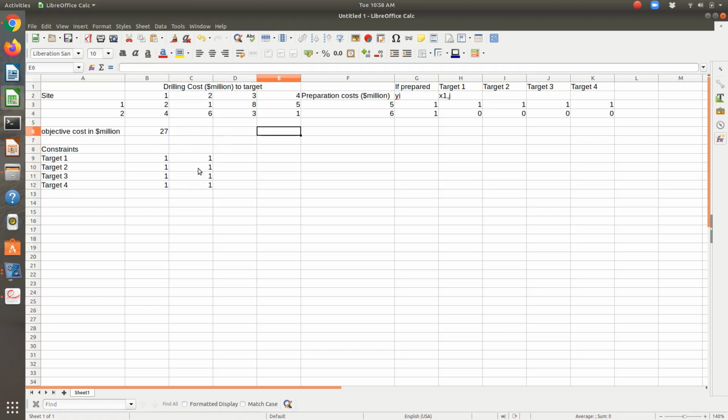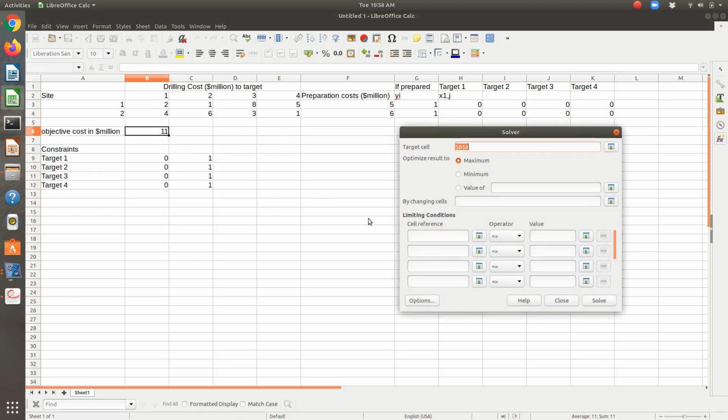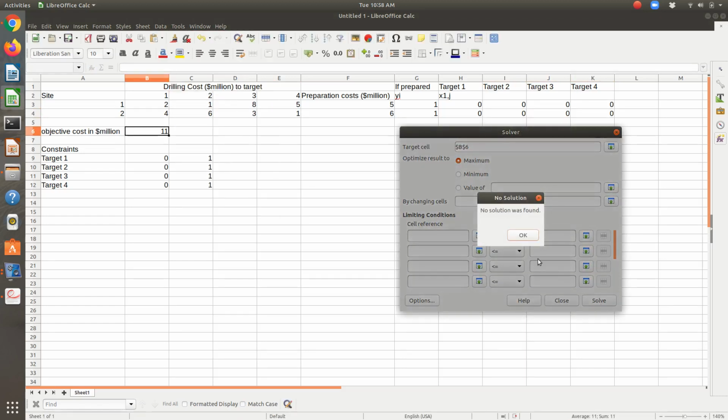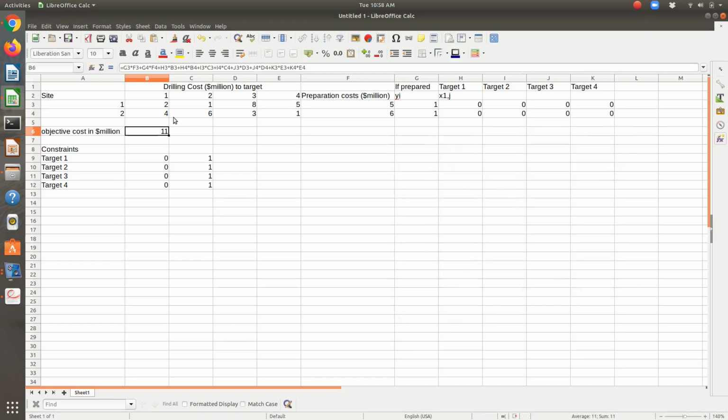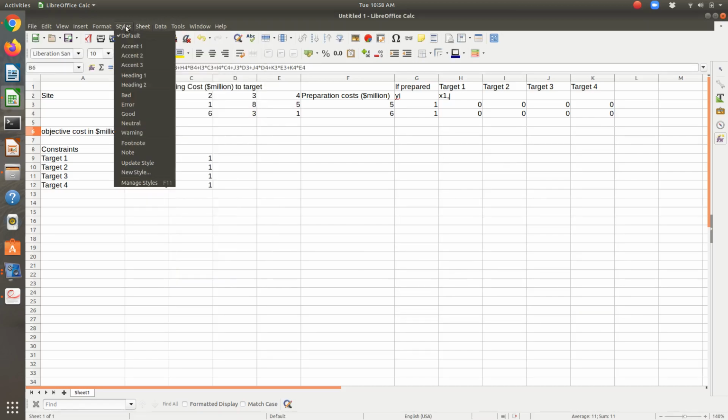Okay, and let's start by maybe breaking our constraints. We're not connected. Okay, and let's just see if I start with a different initial guess. Oh, everything was deleted. So I want to minimize B6.